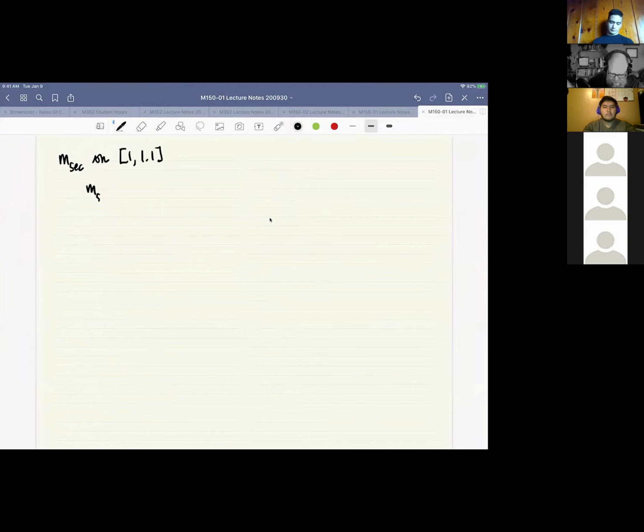The slope of that secant line is f of 1.1 minus f of 1 over 1.1 minus 1. We know f of 1 is 1, right? So what's f of 1.1? It's 1.1 times 2 minus 1.1. And then downstairs I have 0.1. So 2 minus 1.1 is 0.9.